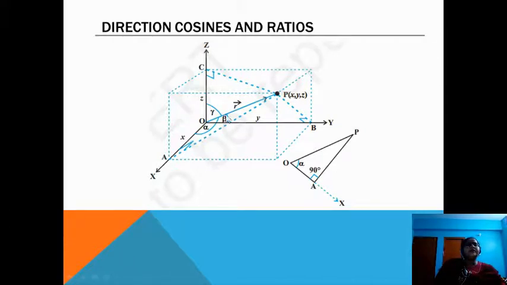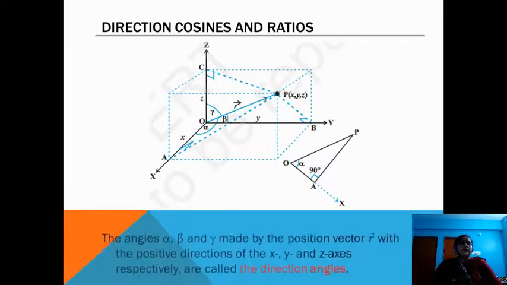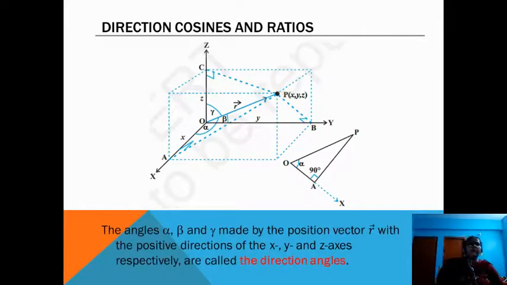Similarly, beta is the angle which OP makes with the positive direction of the y-axis, and gamma is the angle which again the position vector makes with the z-axis. These angles alpha, beta, gamma should be of prime importance now, and these angles are called the direction angles.